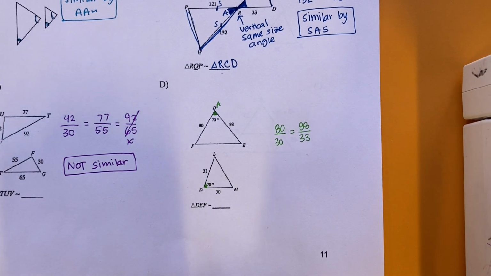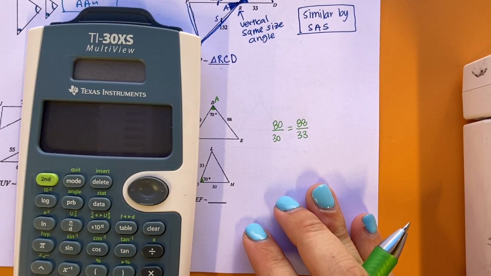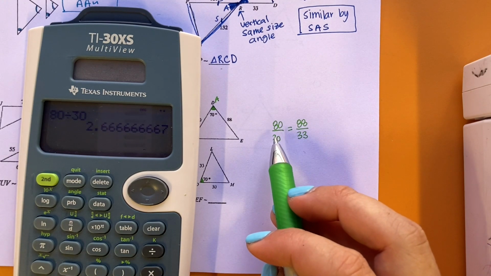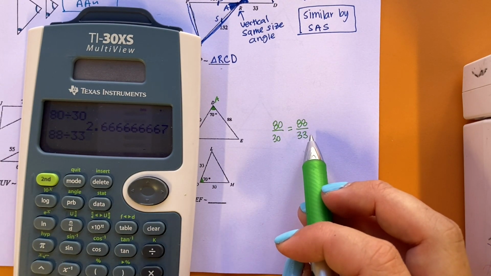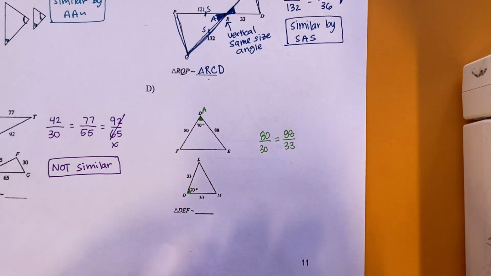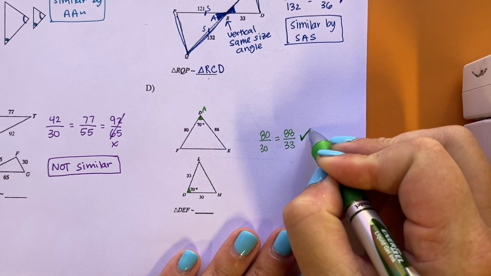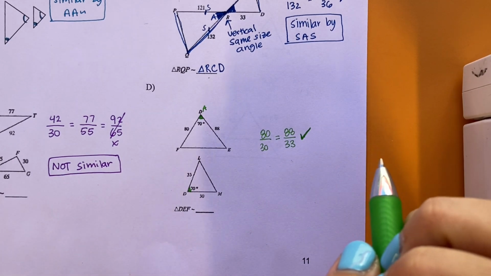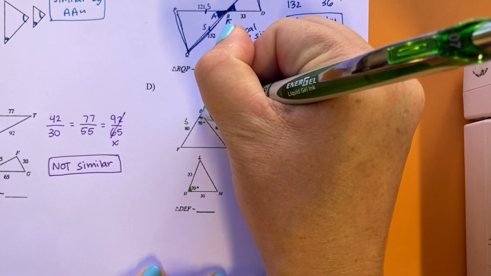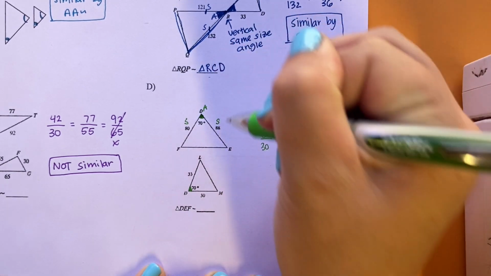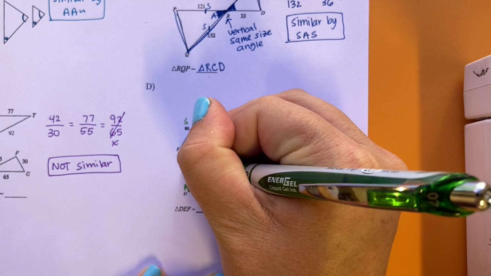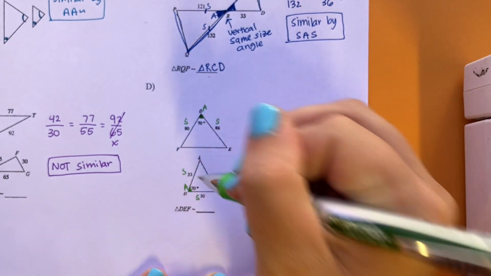So I'm going to check if they're proportional. 80 divided by 30. Okay, 88 divided by 33. Our decimals match, so these are proportional. They're similar in size. So that means I have a side, I have this angle, and then I have this side. And on here, it's the same thing. Side, angle in the middle, side.